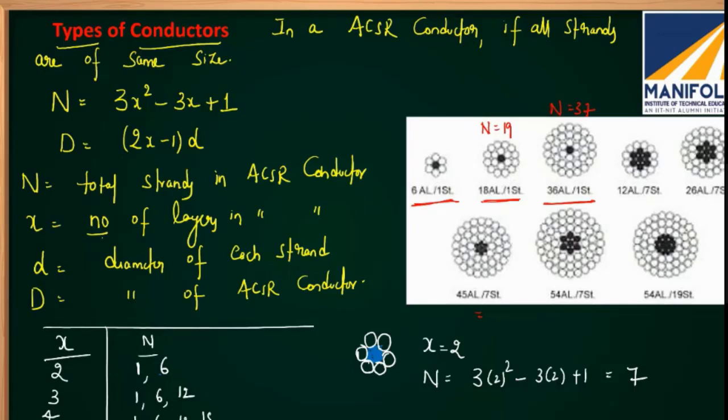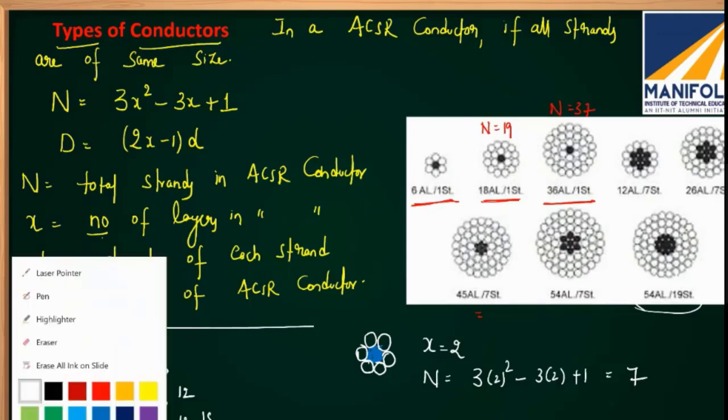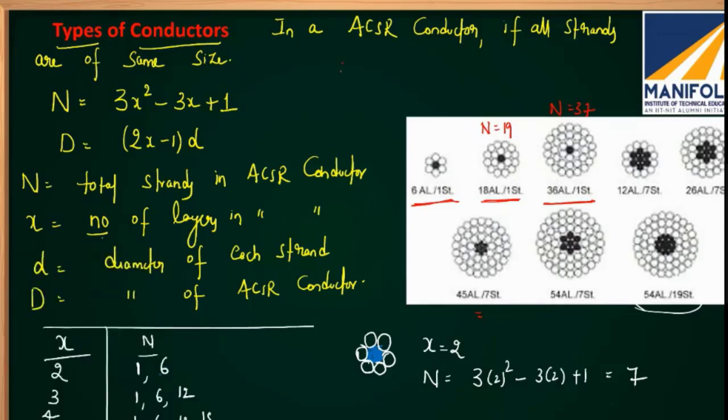And one more important point is, when you specify an ACSR conductor by two numbers, here they're mentioning 54 aluminum and 7 steel strands. When I say my ACSR conductor is 7 bar 54, when somebody gives you this data, the lowest number is steel strands.